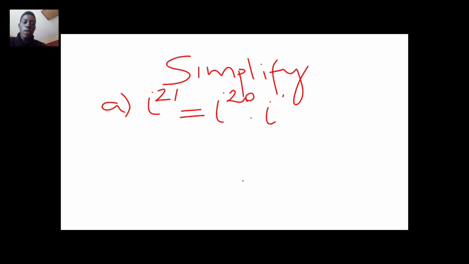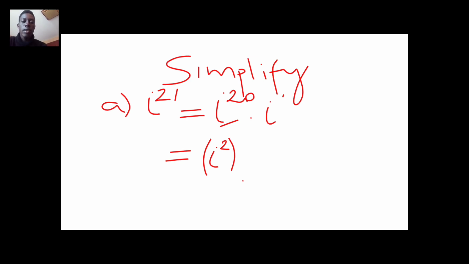Then as you have reached this level, you can easily simplify it. For this, you will have i raised power 2. And then what number can you think of that you multiply by 2 to give you 20 here? So what number is that?